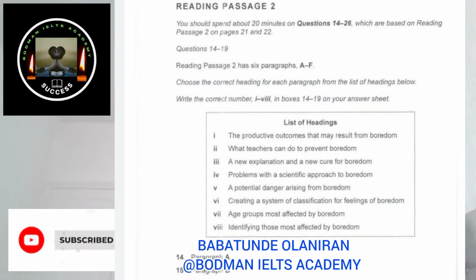So number 5, a potential danger arising from boredom. Did they talk about potential danger, something that is likely to happen as a result of boredom? No. They just describe the best type and the worst type. They didn't talk about potential danger that may result.